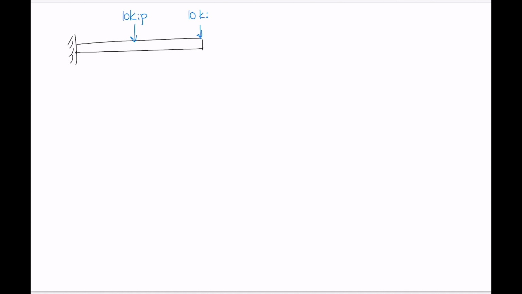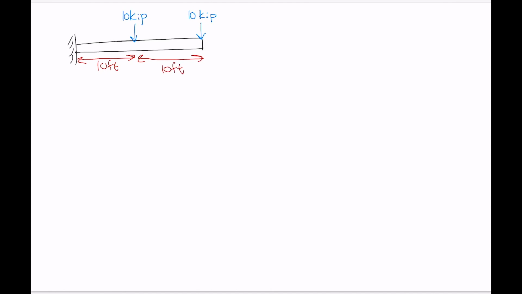That's also a downward arrow. 10 kip there. And distances, let's just make it 10 feet. And this one, let's make that 10 feet to keep our numbers nice and round.